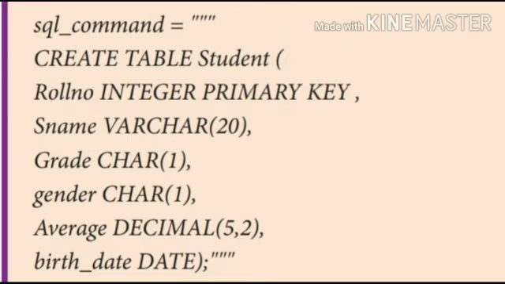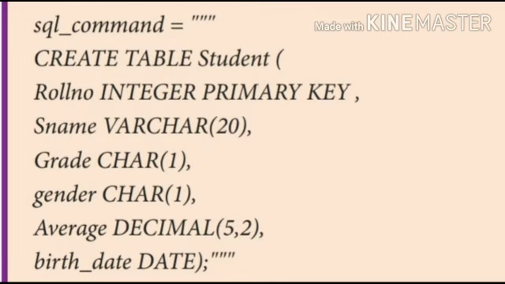Student is the table name, and then within parentheses we give roll number, its data type and set some constraints. Primary key is one of the constraints. Then S name, the data type is varchar, the size is 20. The next field is grade, the data type is char, the size is 1.